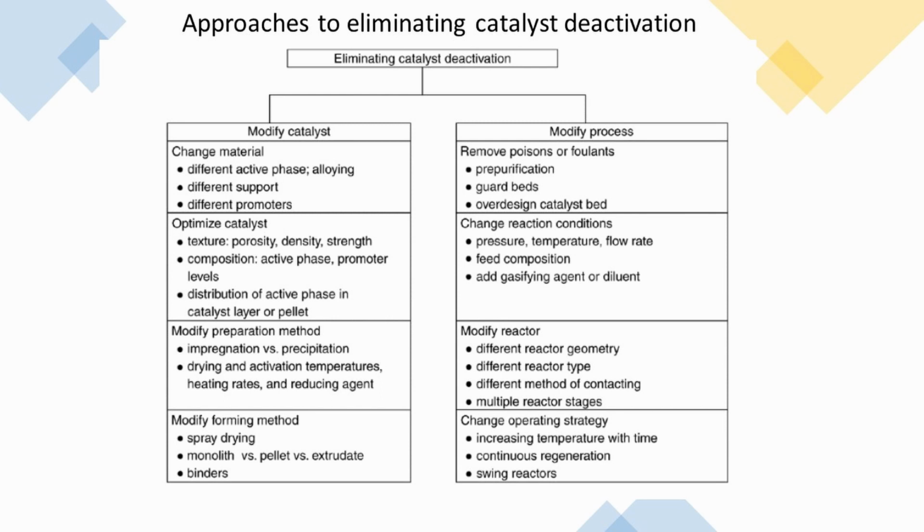What options do we have? What can be done to eliminate or in any case reduce the unfavorable decrease in catalytic activity? And if this is not possible, can the activity be restored, and how?